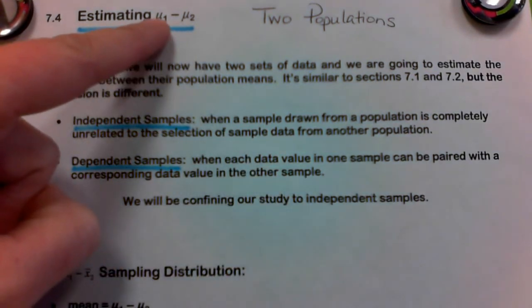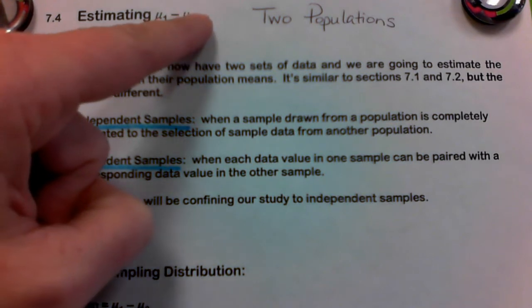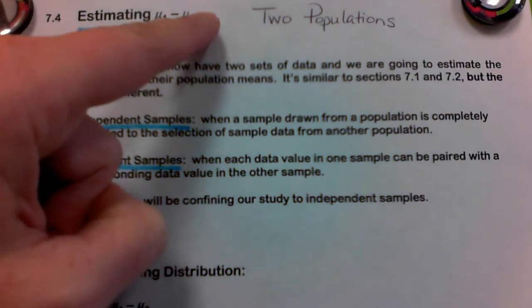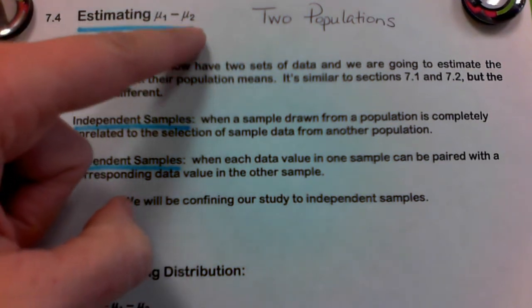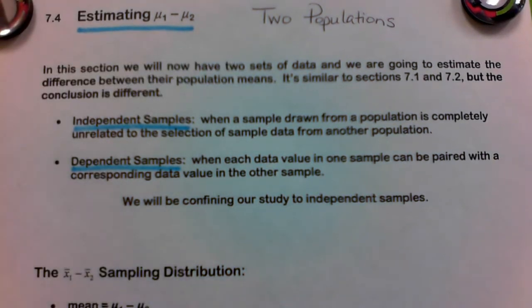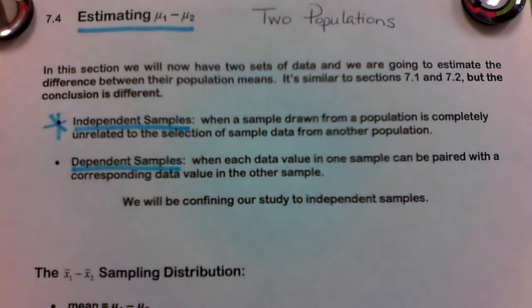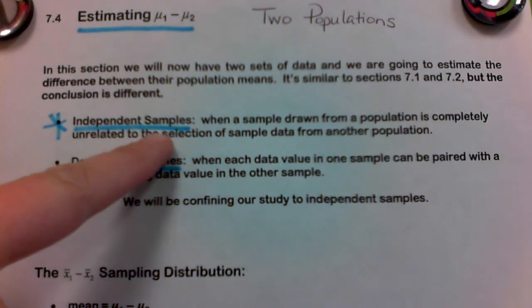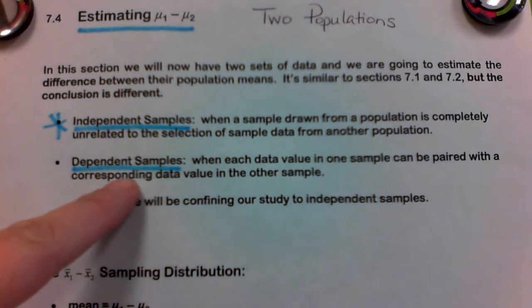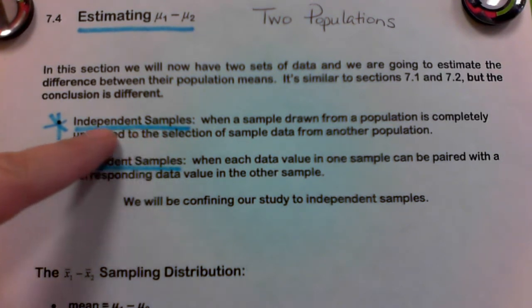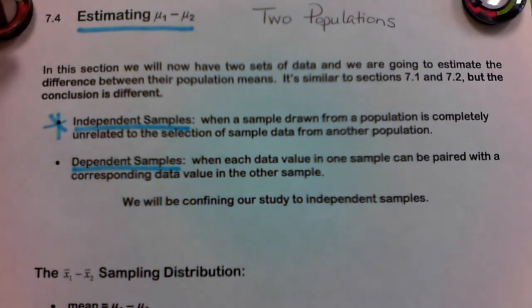So when I draw a sample from mu1, it is related to a value in mu2. For our purposes, we will limit our discussion to independent samples. I wanted to explain dependent, but all we have to worry about are independent samples.